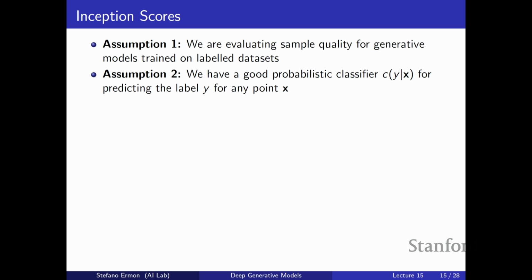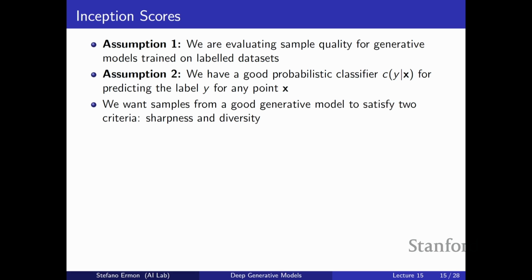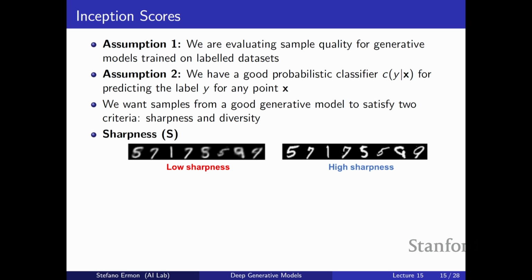So if you have access to a classifier that can tell you what the label is for an image X, then you can try to quantify how good a generative model is by looking at the behavior of the classifier on the samples that it produces. There are two things that the Inception score looks at.